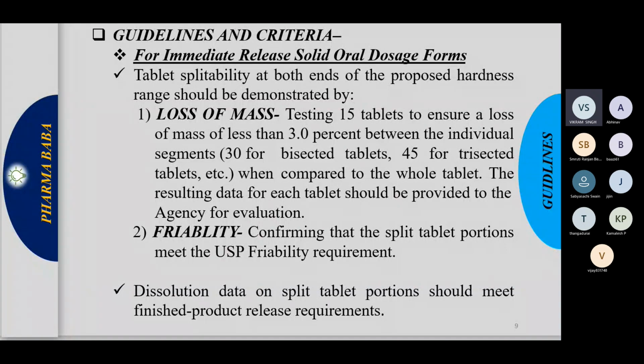So these are the two recommendations. Then dissolution data on the split tablet portion should meet the finished product release requirement. Which finished product release requirement? That particular strength. If you are splitting 50 mg to 25 mg, then the 25 mg FPS dissolution data should be met by that split portion also. The split portion should comply with the specification of the content that particular split portion contains. Okay.